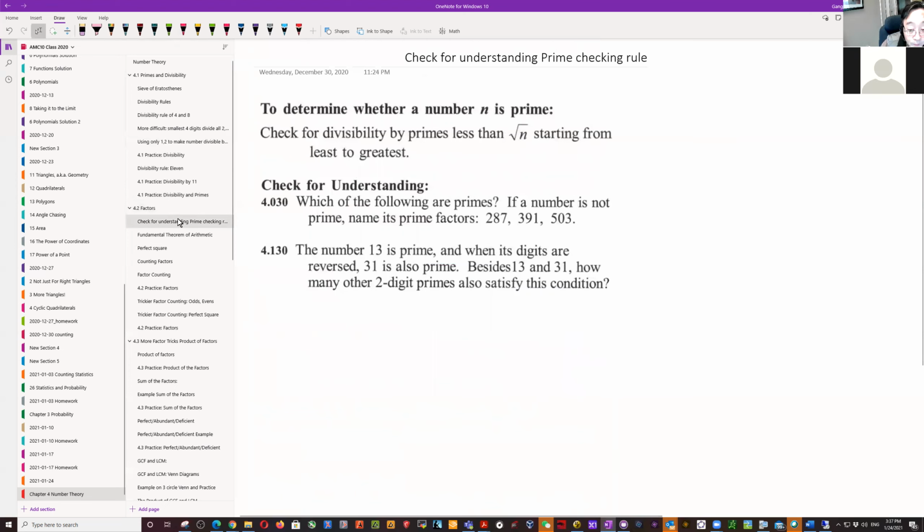And so even for a very big number, for example here, we know that 20 squared equals 400. So you only need to check all the prime numbers less than 20.